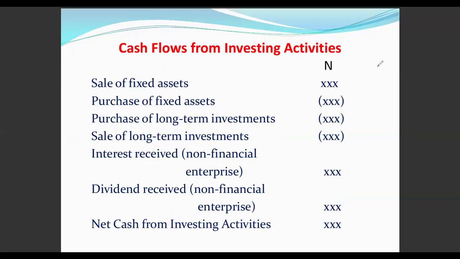For example, I have sold 5,000 shares which I invested in XYZ Limited. So I get 5,000 rupees. I have received the loan which was given to one company. Amount is 2,000. Then I have sold the fixed asset at 3,000. So total sale is 10,000.